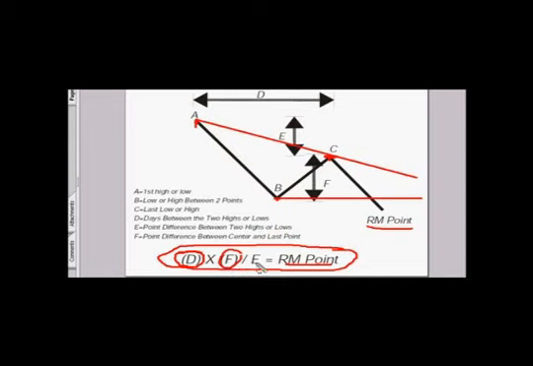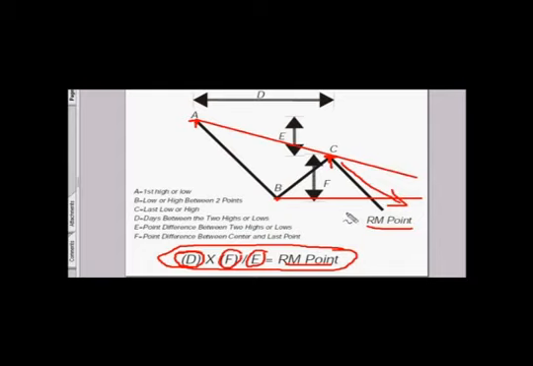Then we would divide them by E, which is the price difference between the first point and the last point. That gives us E and our dividing factor, which would give us then our RM point, which is nothing more than the time or the amount of bars from the last point until the reversal.